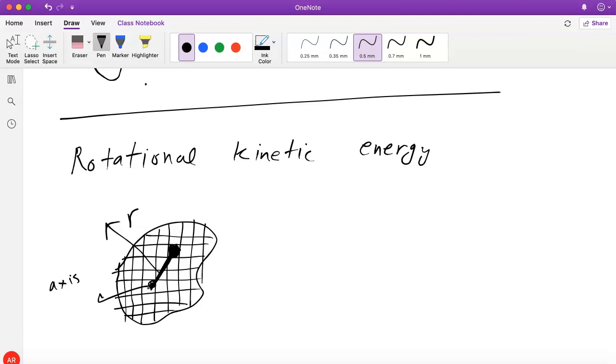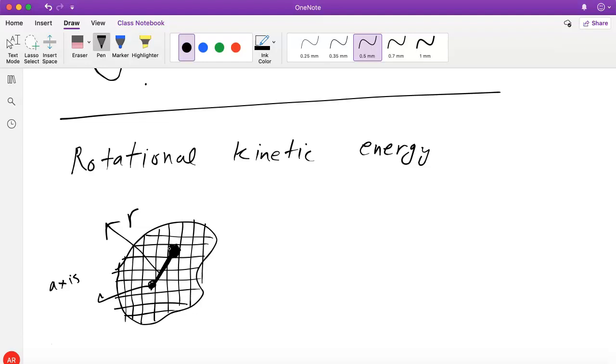So if this entire object is rotating around that axis, what do you think the trajectory looks like for any point on this object? For example, this cell, this dark cell here.